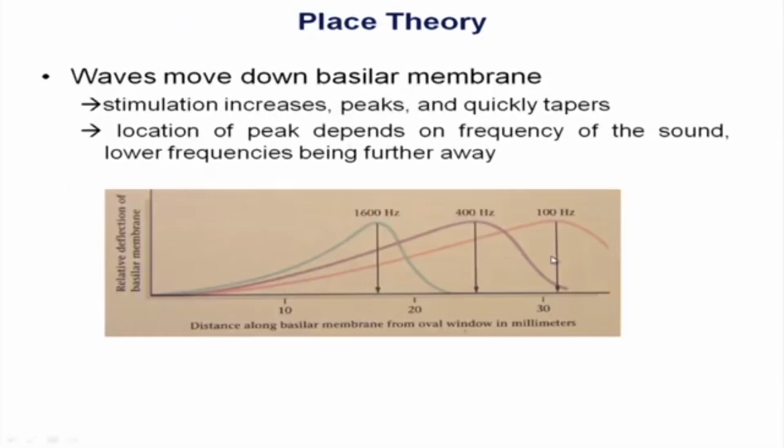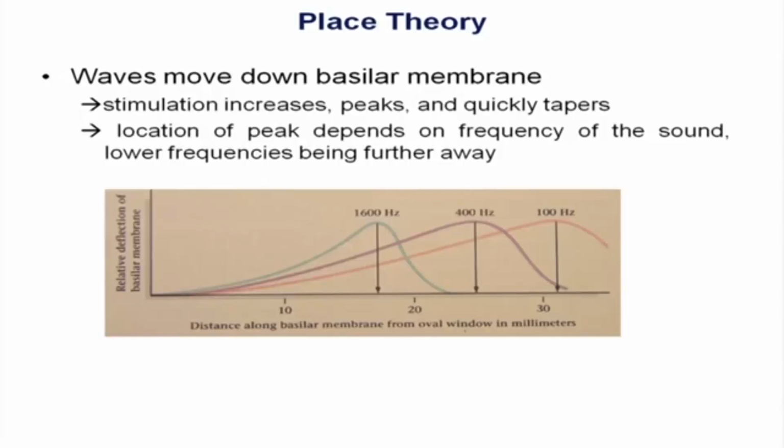The next one is called place theory. The wave moves down the basilar membrane, stimulation increases to a peak and the peak quickly tapers. If I have stimulated the cochlea, this is my basilar membrane, and a mechanical wave is stimulated, then the wave will move along the basilar membrane like this.